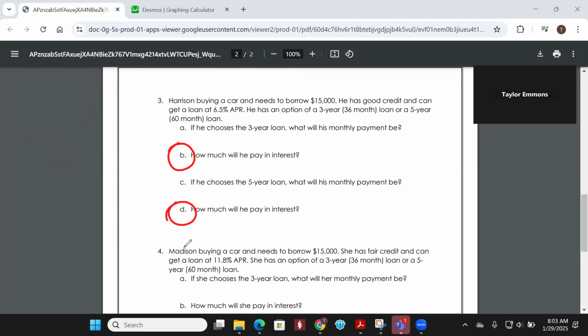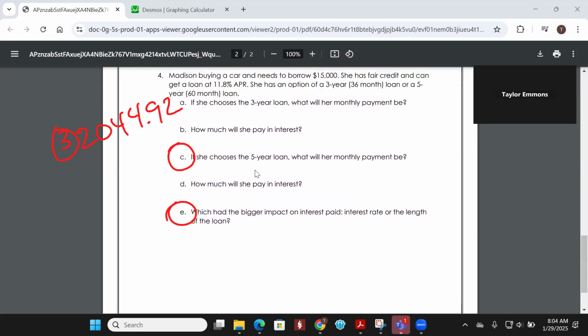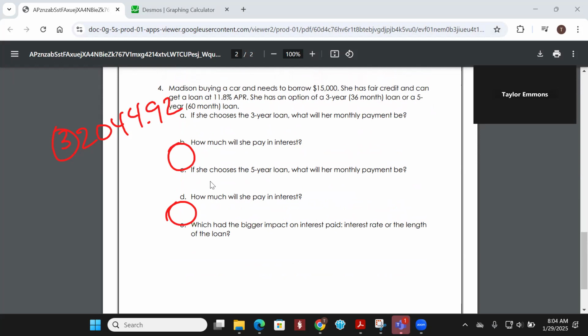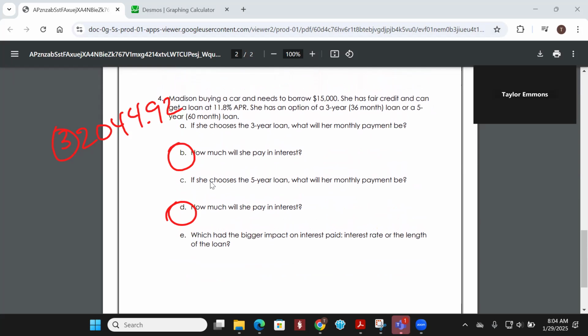It should be a positive number. Subtract those 2. How much did you get? 2,044.92. If we go down to here, subtract B and D from down here on number 4. What did you get?